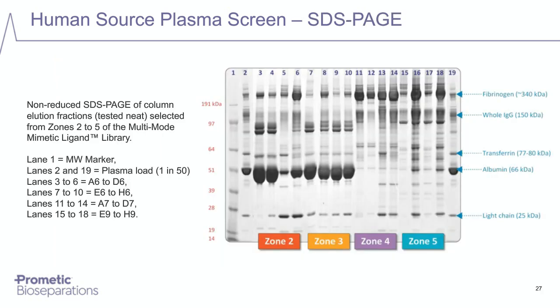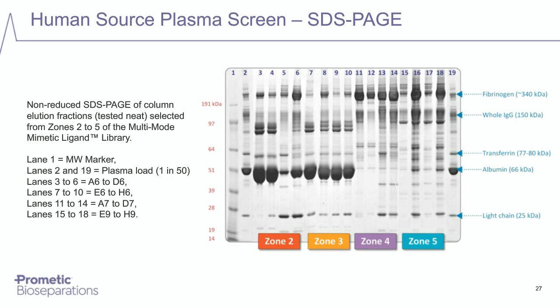On the next slide, we have the SDS-PAGE of the elution fractions from the different columns in zones 2, 3, 4, and 5. Just by looking at this, you can see each one has a very different banding pattern. If we look at lane 10, for example, you can see that ligand is binding albumin quite strongly.